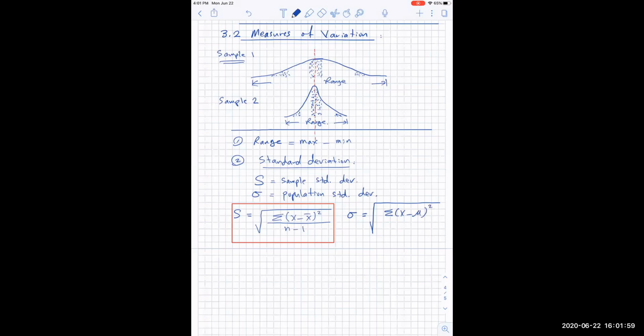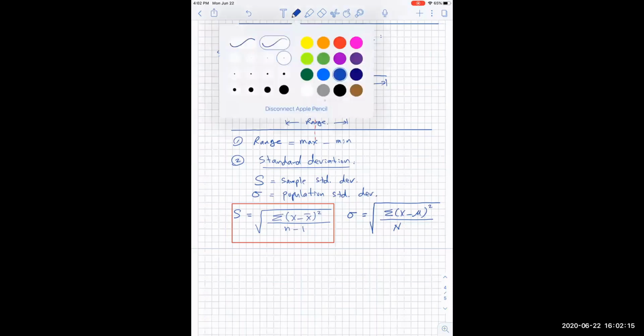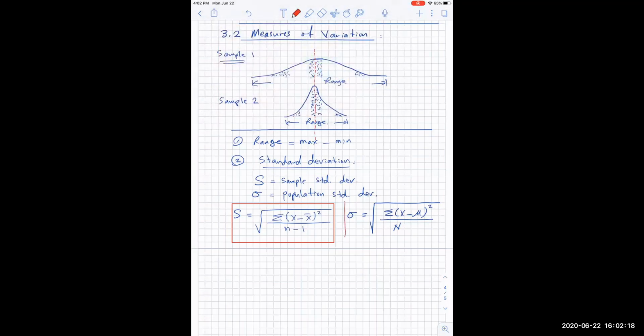So we're going to use the population mean, and then divided by population size. Okay. Now, in general, we're going to be using this formula, the one on the left, because most of the time we're going to be working with samples, not populations.